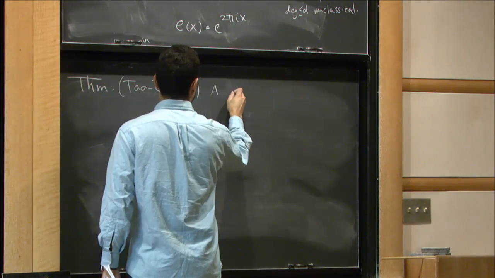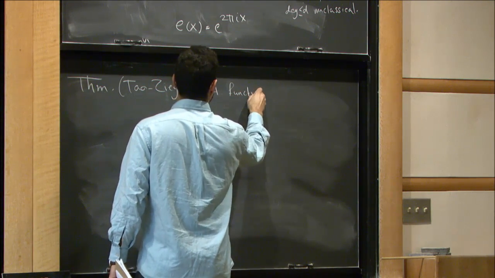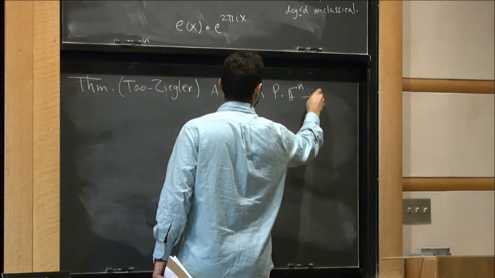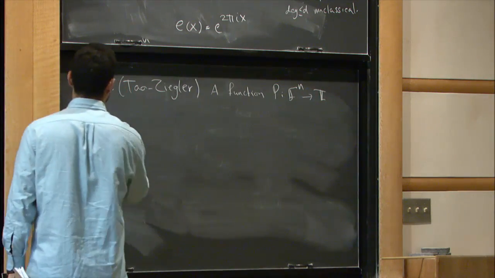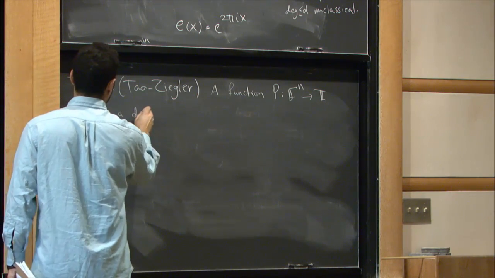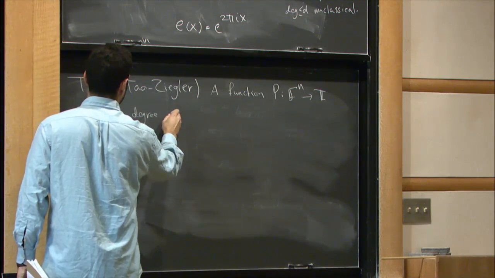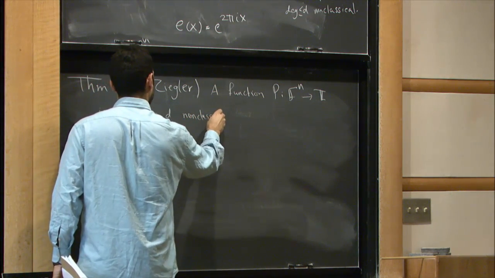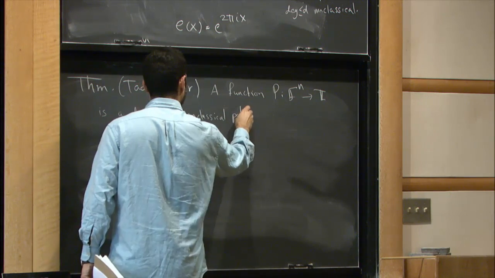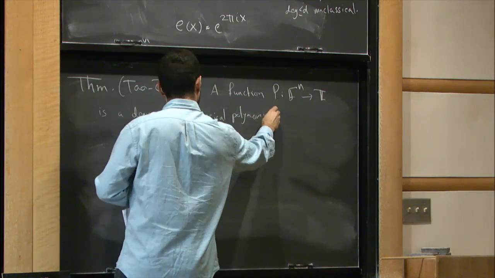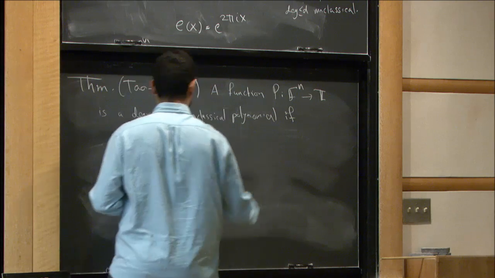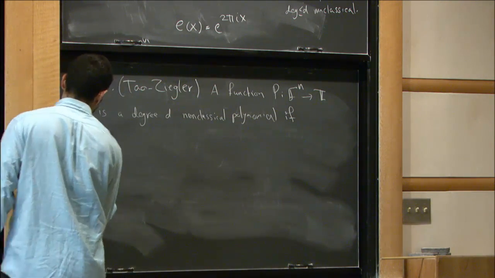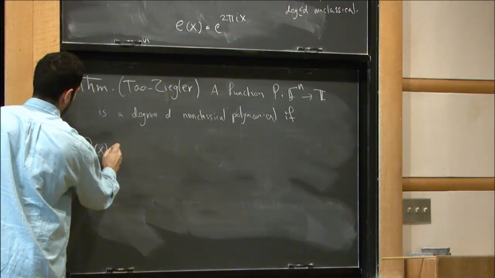We say that a function P from F_p^n to T is a degree d non-classical polynomial if P(x) can be written in the following form.